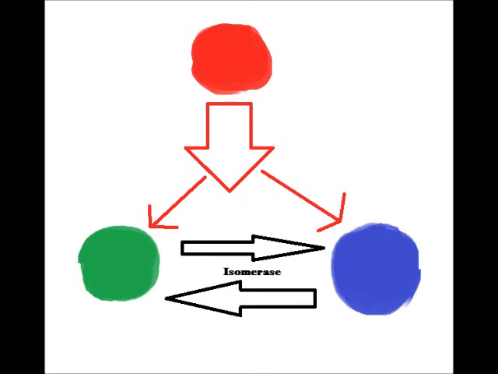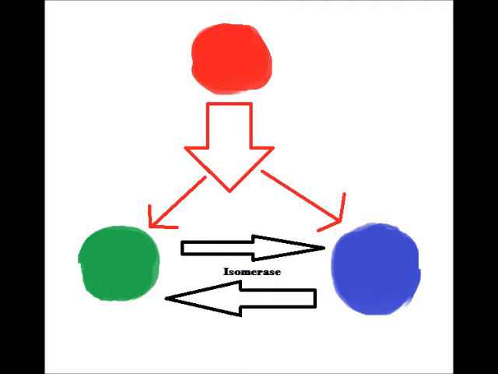Now, glyceraldehyde 3-phosphate is what's going to be used to continue glycolysis, and dihydroxyacetone phosphate doesn't need to be involved in glycolysis. It's not important besides that it's the product of fructose 1,6-bisphosphate dividing.